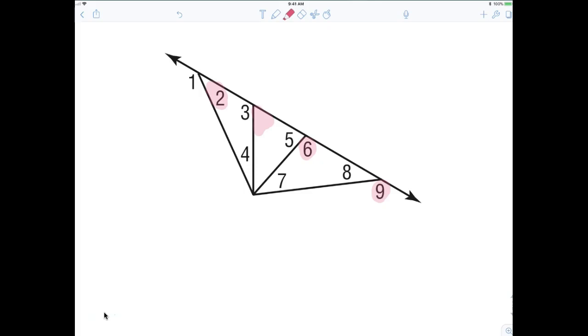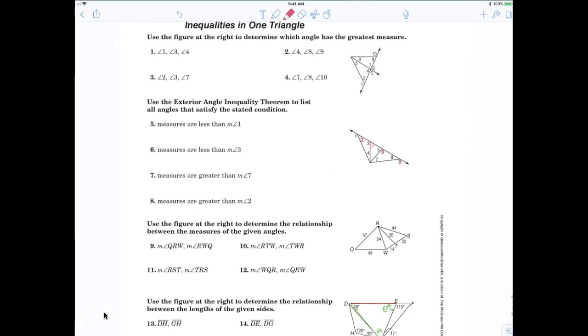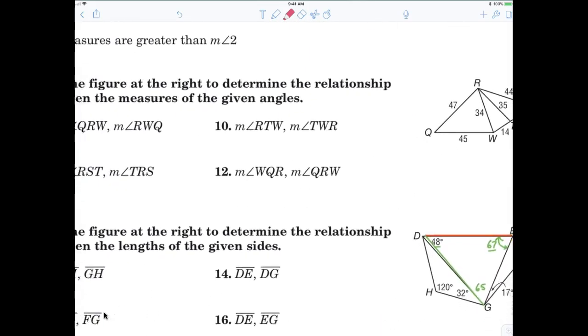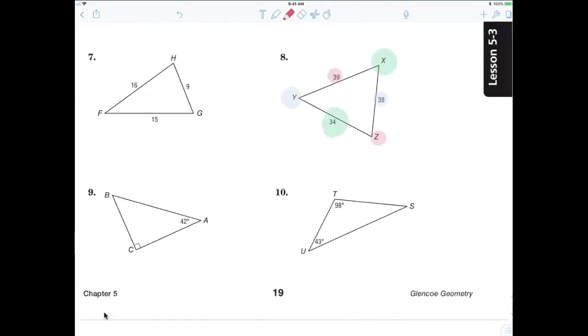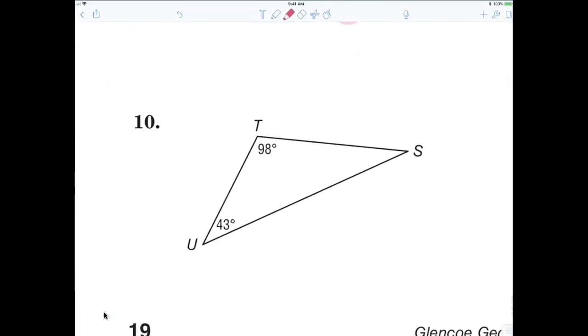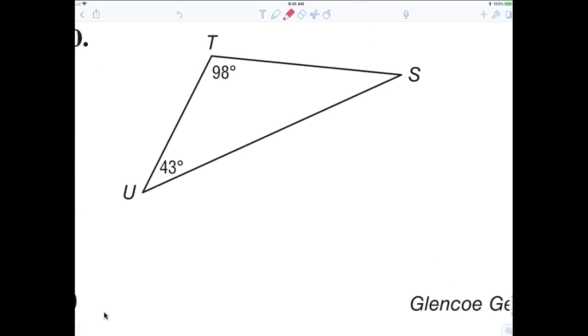I don't care about angle 1. Number 10 on this right here. Oh, on the previous, I'm sorry. So you're just checking your work here then, right? Because you would say 98 plus 43 is what? 151? So then that would be 29.